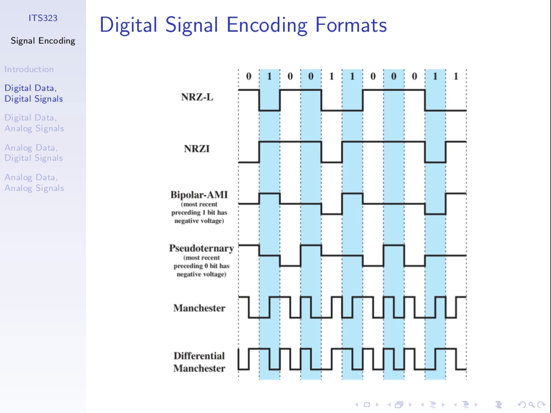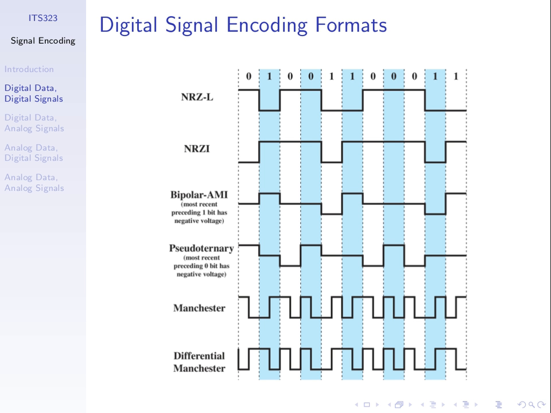Therefore, at the start of the pulse or signal element, we go up, and then high, low. So we've got a transition always in the middle of the signal element, or the pulse duration. Bit 0, high to low. Bit 1, low to high.